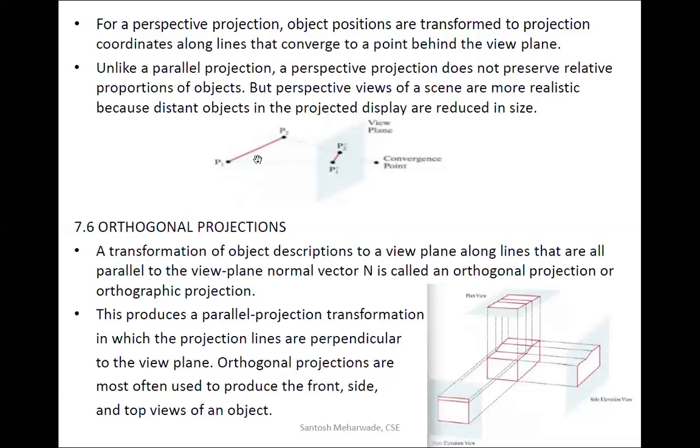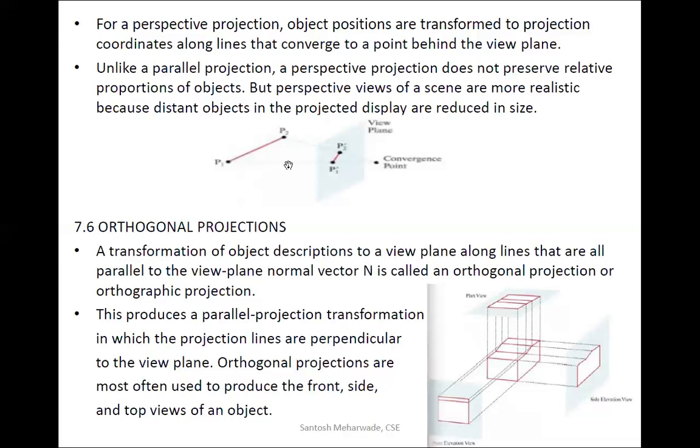Whenever the object goes away from the view plane, away from the viewer, the object looks smaller, so its image is also reduced on the view plane. The viewer will assume that the object is very small, but actually it is not preserving the relative proportion of the object.